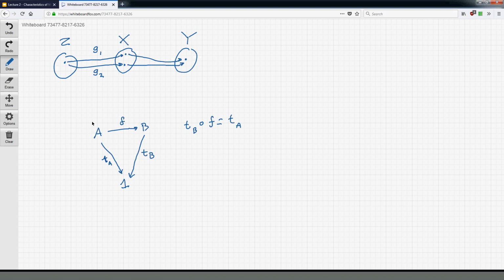There could be other objects out here that go around, but I'm not paying attention to those. I'm just looking at this. And we'll say that the diagram commutes whenever any two paths in the diagram are equal. So we have a path here and another path here, and they're equal, so the diagram commutes, right?